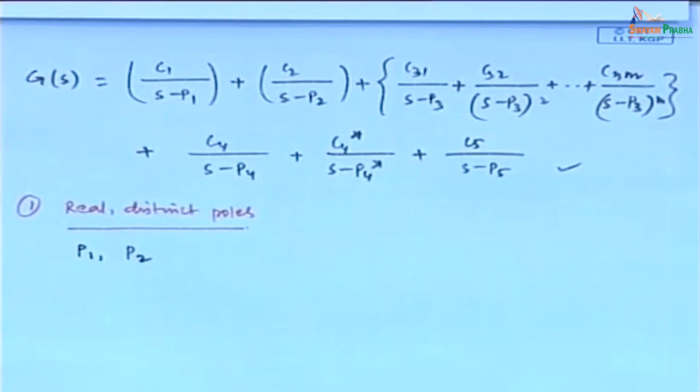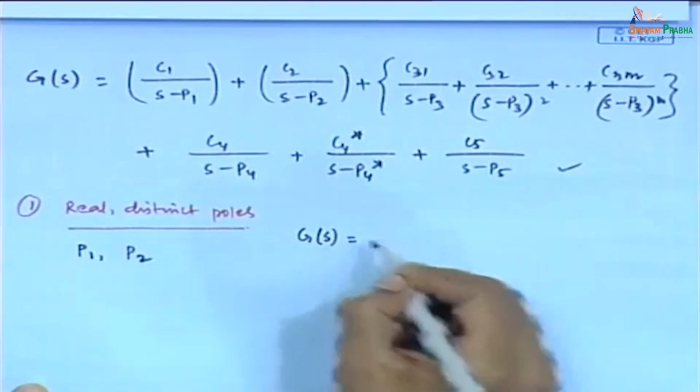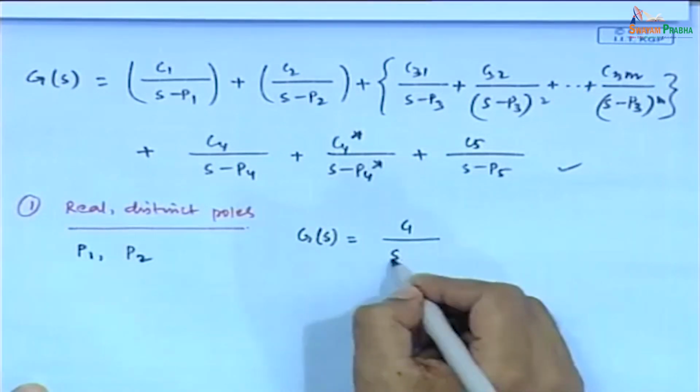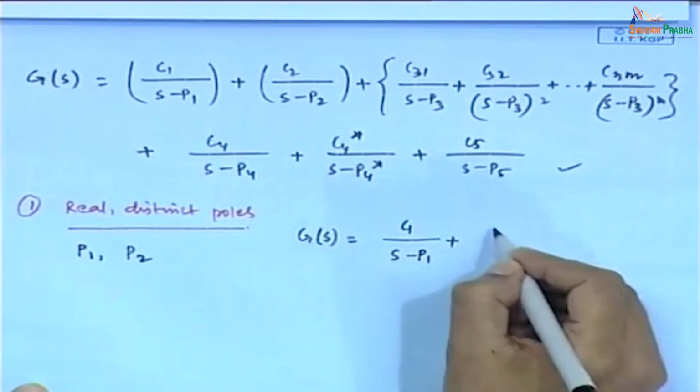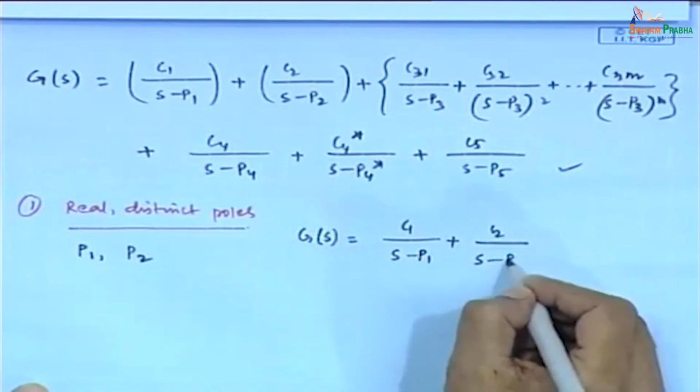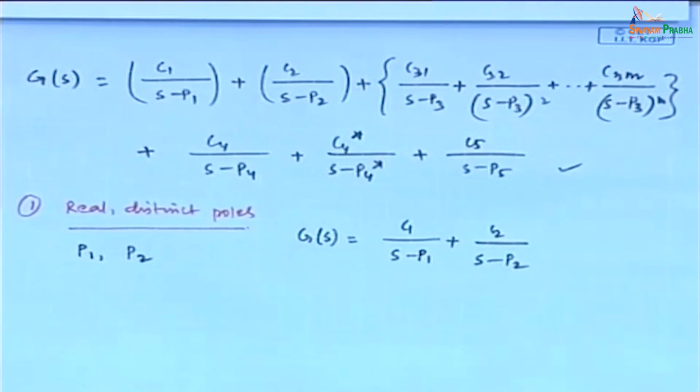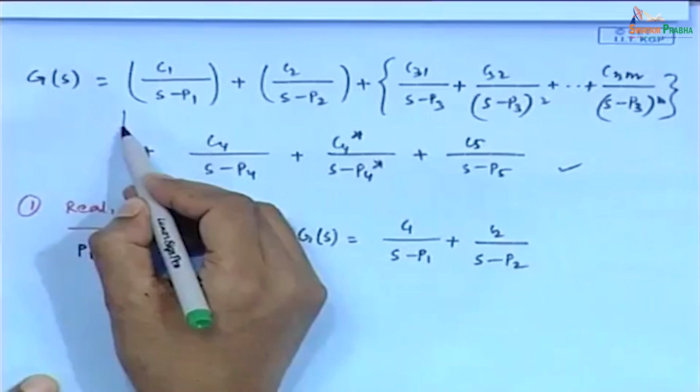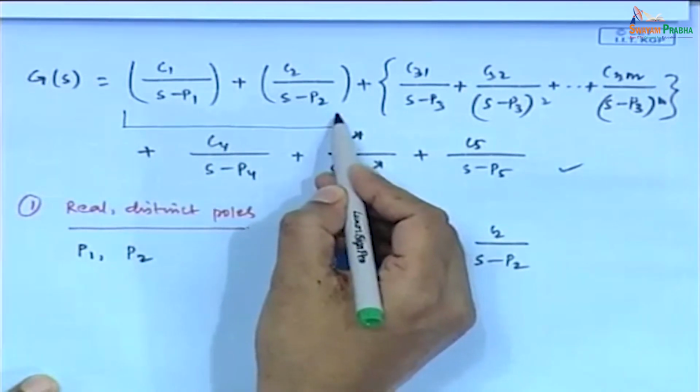So, the general form of the transfer function reduces to G(s) equals C1 by (s minus P1) plus C2 by (s minus P2). We are presently considering a system which has two distinct real poles, P1 and P2. So, we are considering just this part of the transfer function.